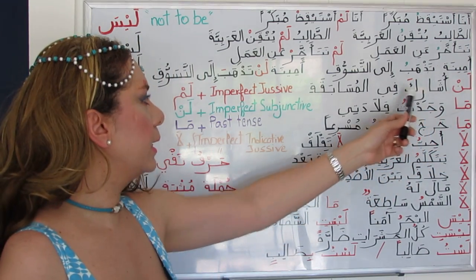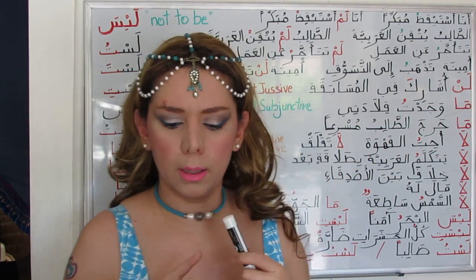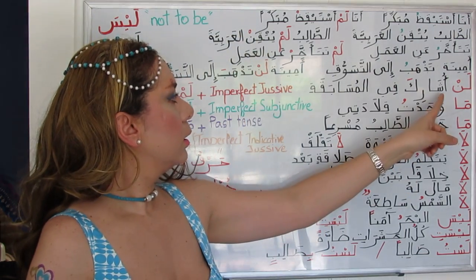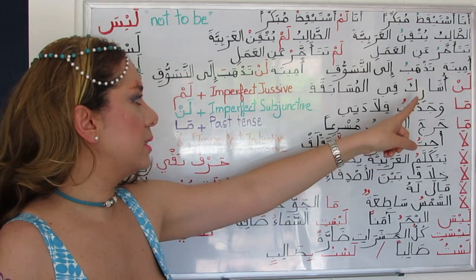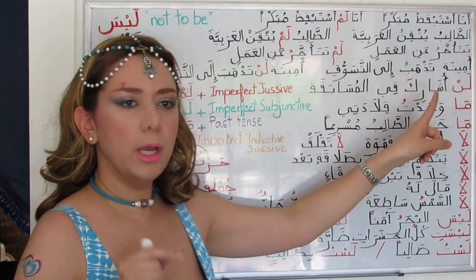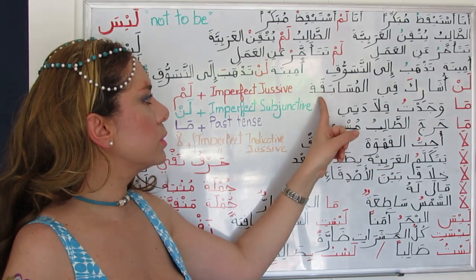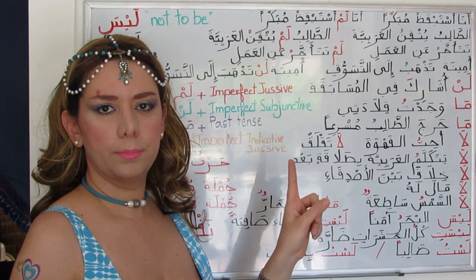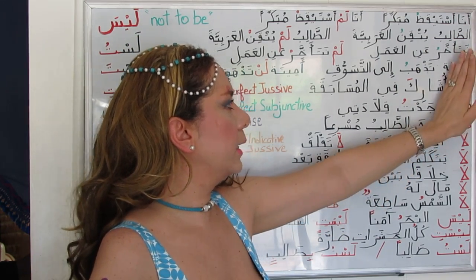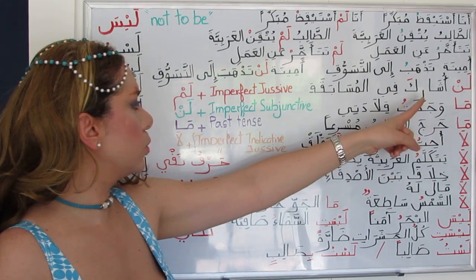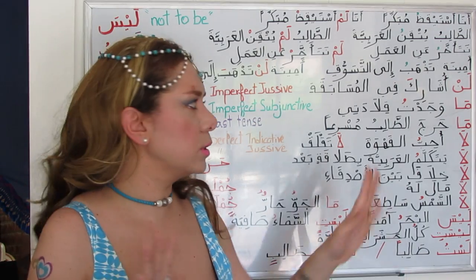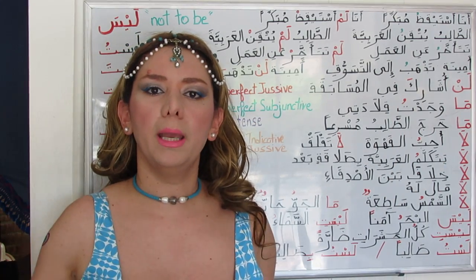لن أشارك في المسابقة. شارك, form 3, to participate. I will not participate in the competition. لن أشارك في المسابقة. If I erase the particle of negation, I say أشارك, so it will be conjugated in the imperfect indicative because it will not be preceded by any particle.